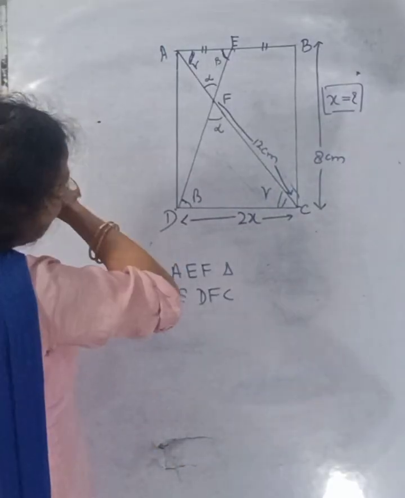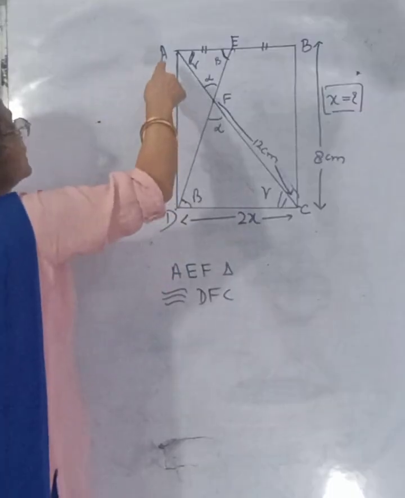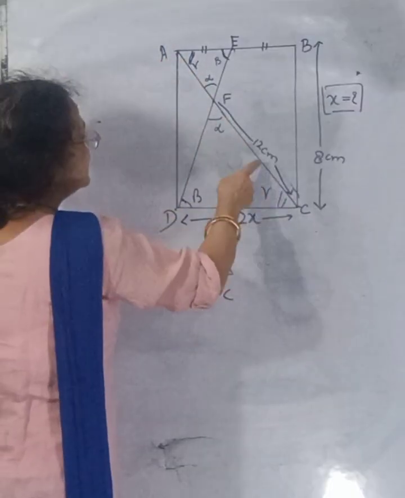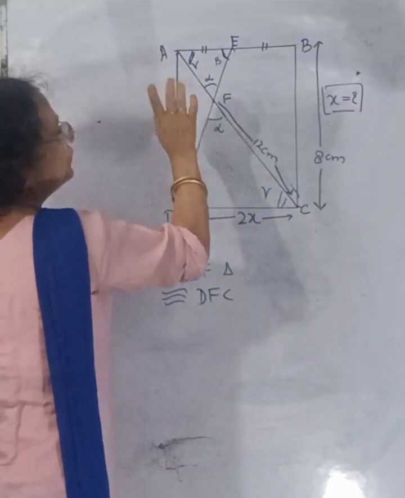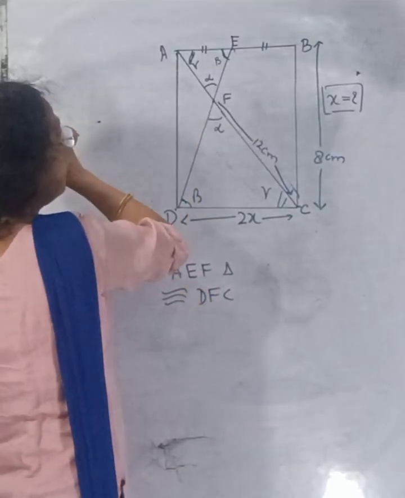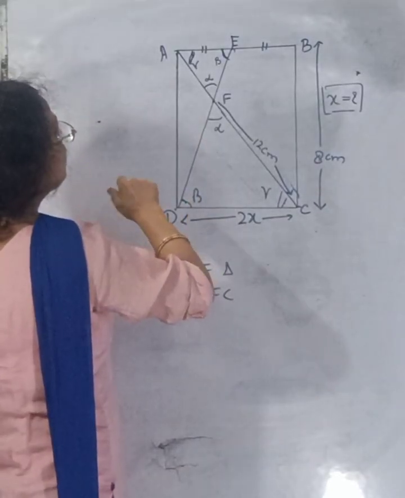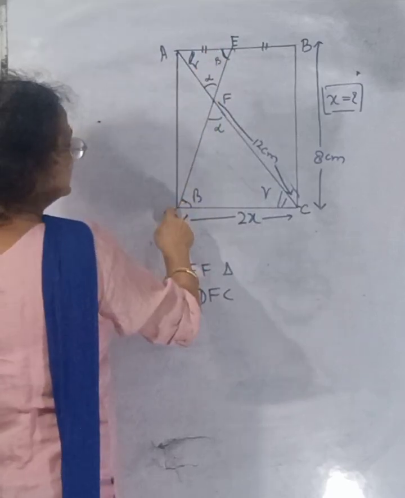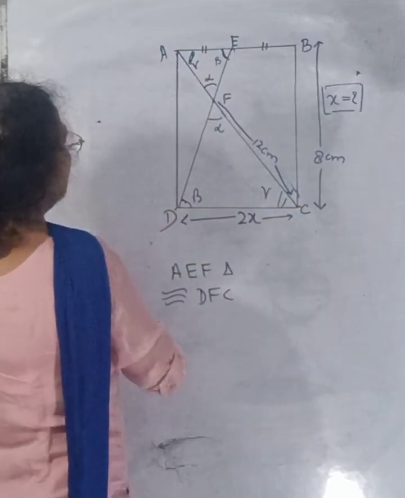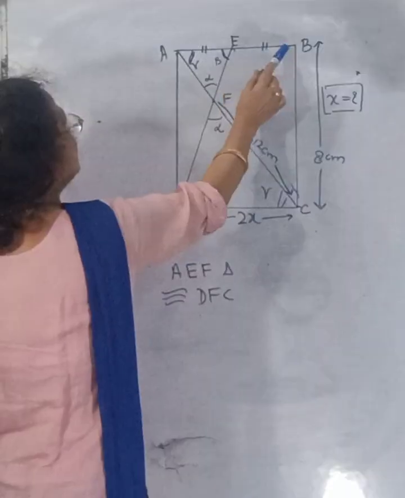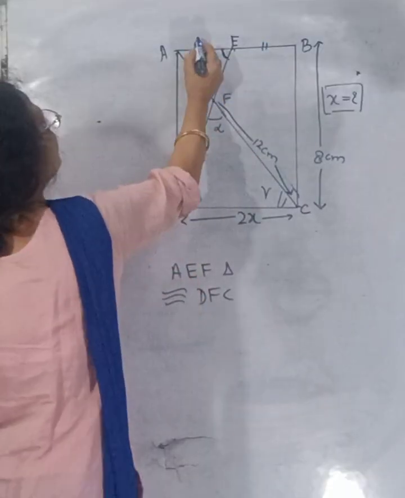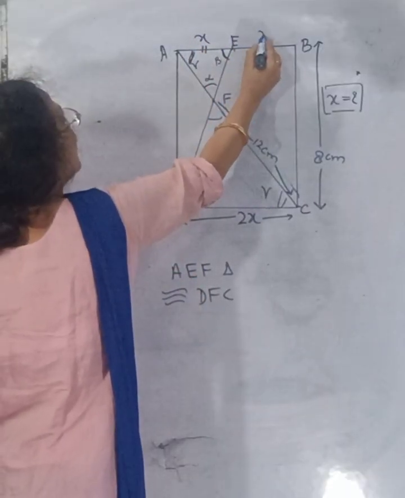So in that case we can say that this is 12, known to us, AF is not known to us, and X is known to us, 2X. Because AE is equal to EB, it means this will be X and this will be X.